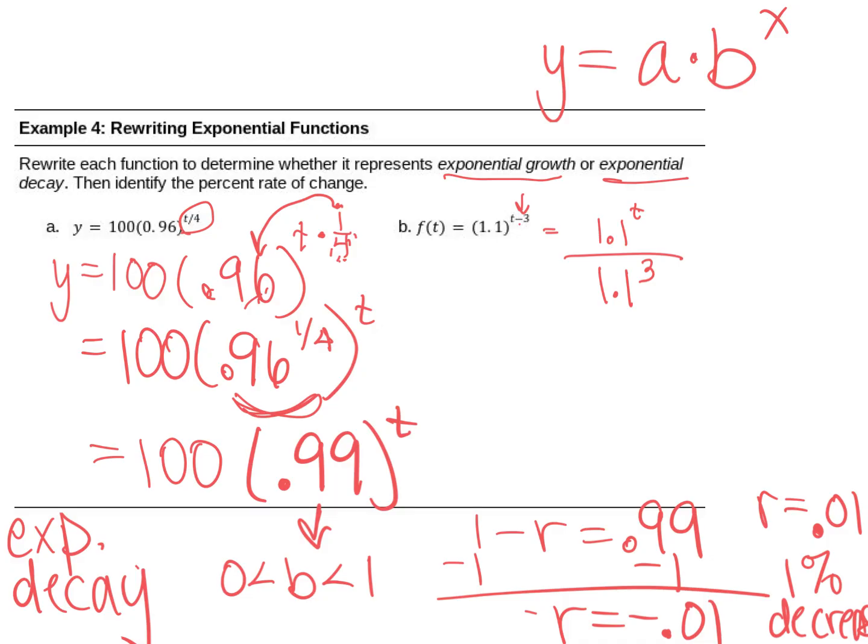Evaluate the power and simplify. 1 over, okay, I get it. 1 over 1.331. There it is. Okay. Yeah. The book jumped some steps.